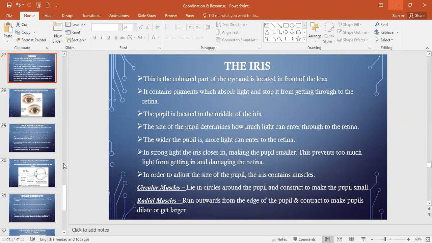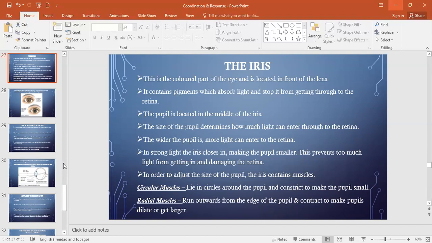All right, so most of the light will go through your pupil, and the size of your pupil will determine just how much light is allowed to reach the retina. The wider your pupil is, the more light will enter, and the smaller your pupil is, the less light will enter.